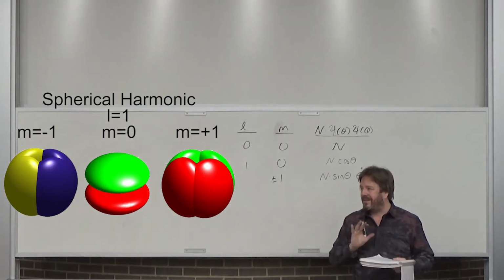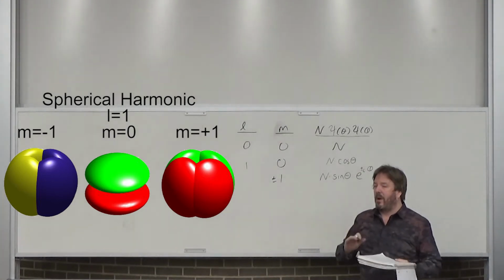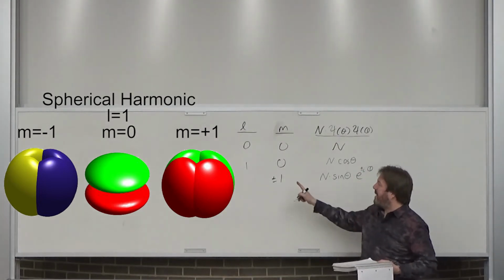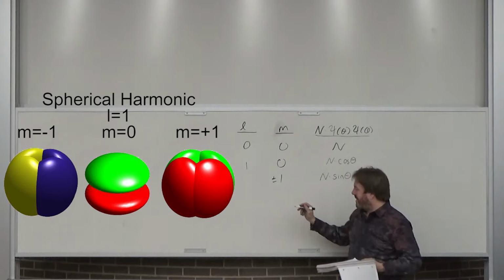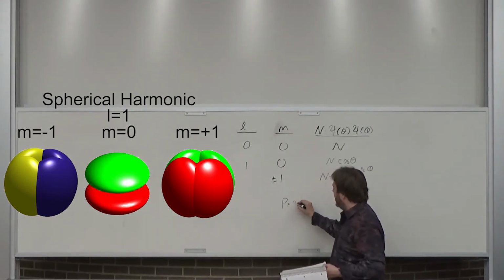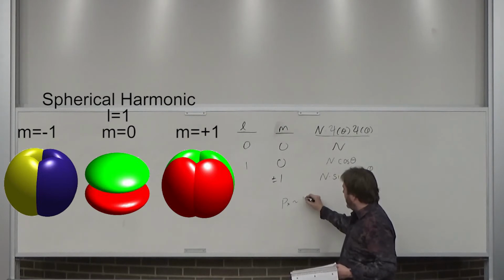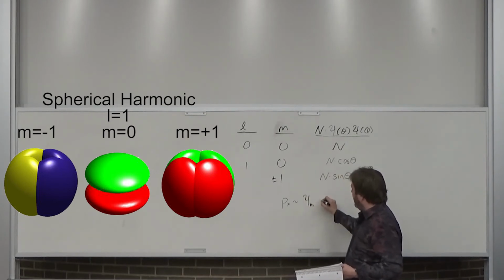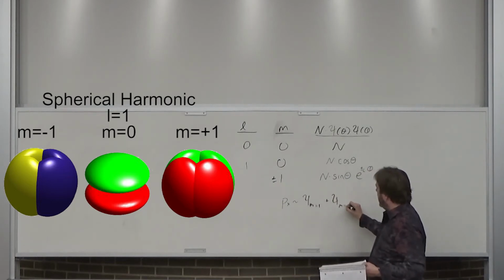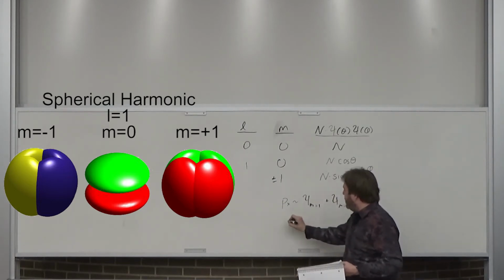Let me go ahead and just, I can't resist. I'll go ahead and tell you. Px and py states are linear combinations of these. So here, maybe don't write these down, but px is something like the wave function of m equals 1 plus the wave function of m equals minus 1, and py is the wave function of m equals 1 minus the wave function of m equals minus 1.